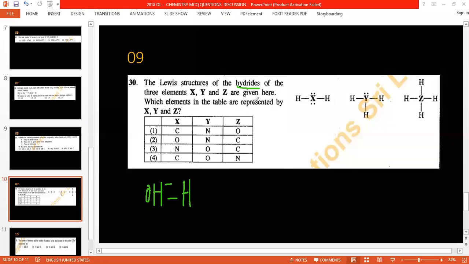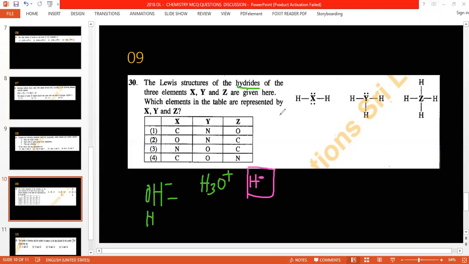This is hydronium, H3O plus. But what is hydride? That is H minus, hydride.